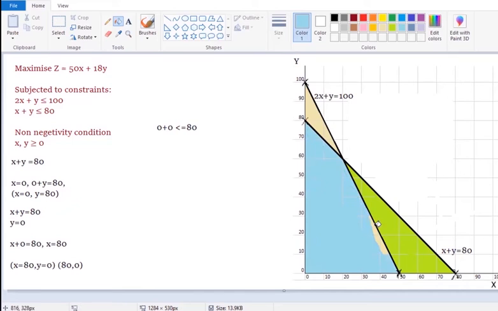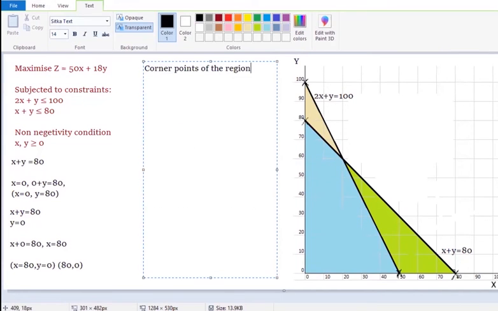Now what will I do? My solution is in this region. And my solution is any of the corner points of this region. See, this region has got 4 corner points. The 4 corner points are, let me just rub off this region.